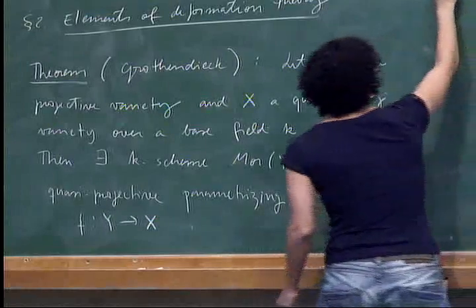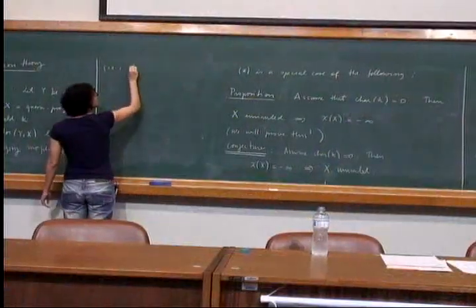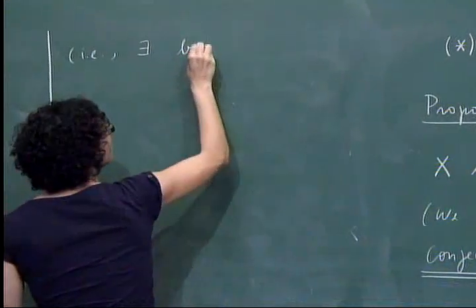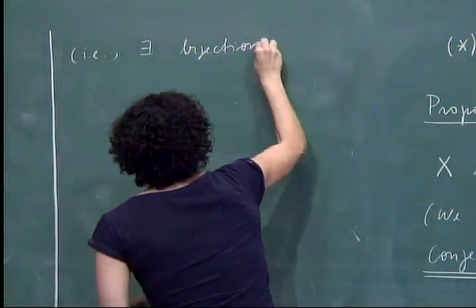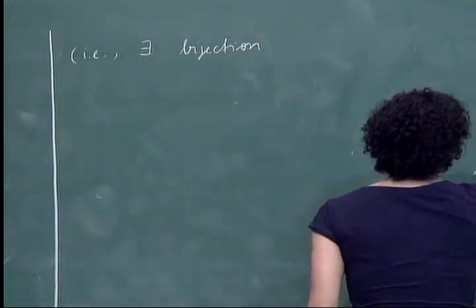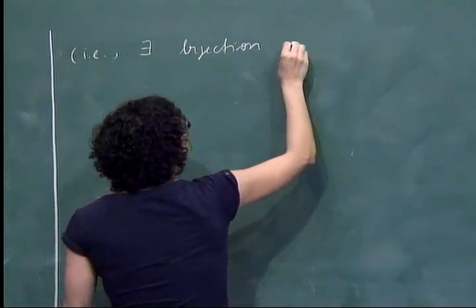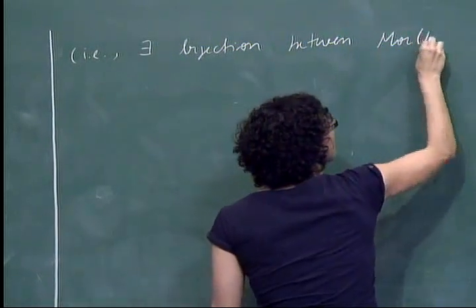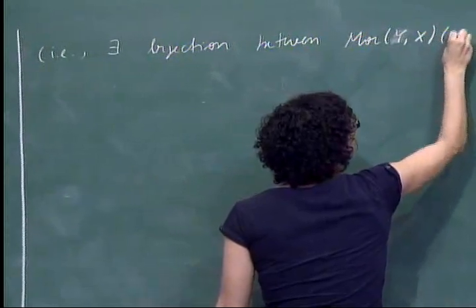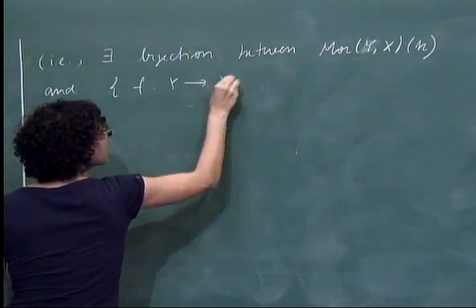That means there exists a one-to-one correspondence, a bijection, between the K points of this scheme and the set of morphisms from X to Y.